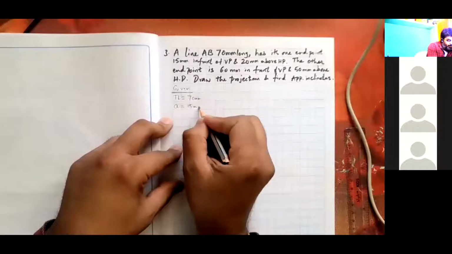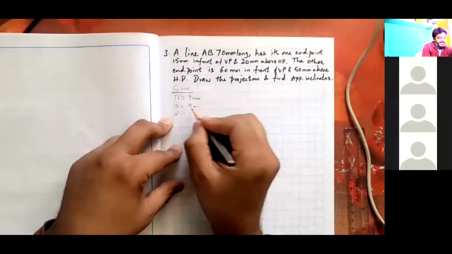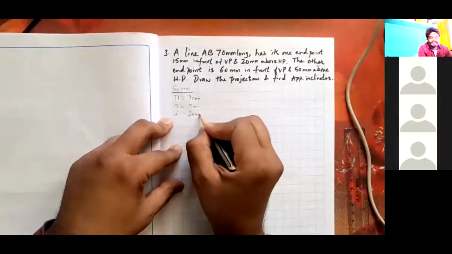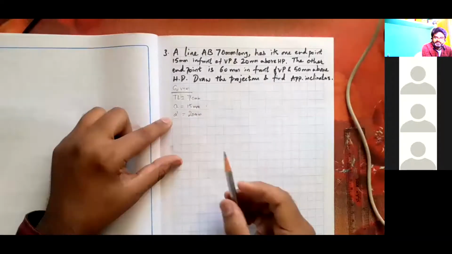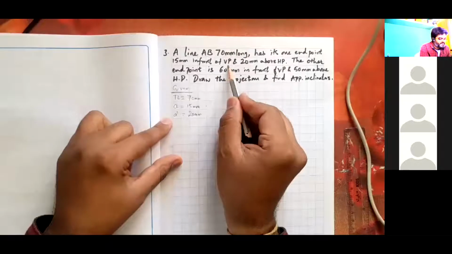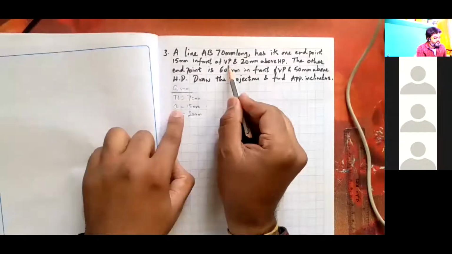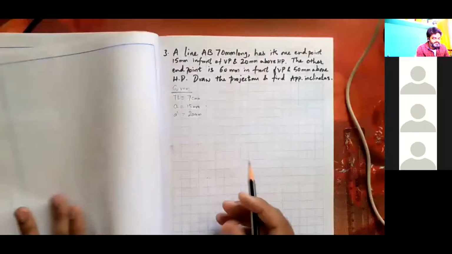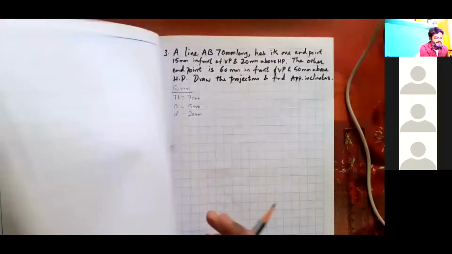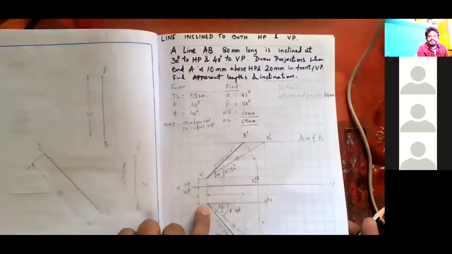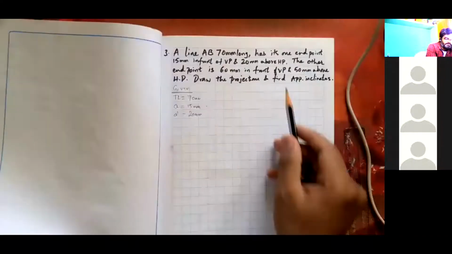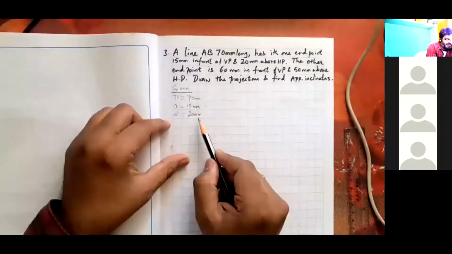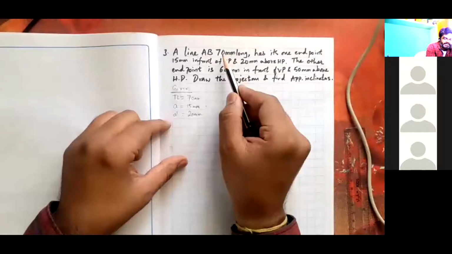I hope you can understand this. A dash and A, I am representing like this. In front of VP can be represented on the horizontal plane, that is A. Similarly, 20 mm above HP can be represented as A dash, at a distance of 20 mm. So, given numbers and conditions 70, 15, 20, I have written like this.